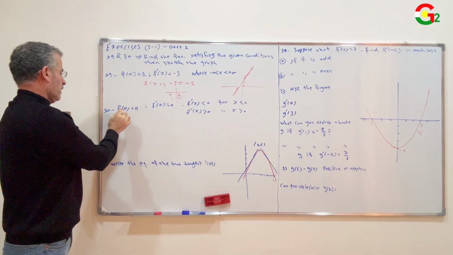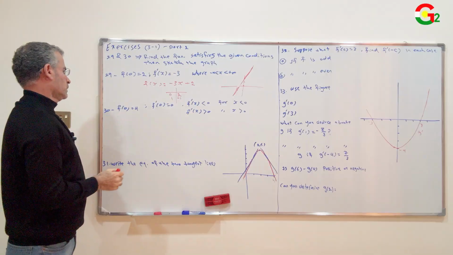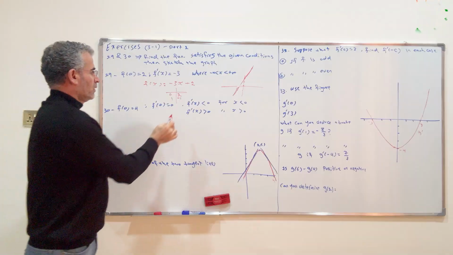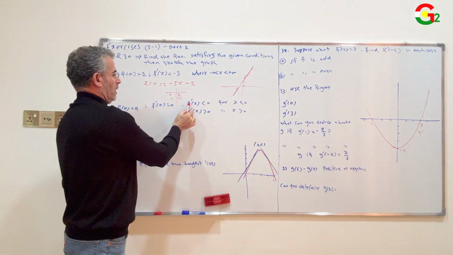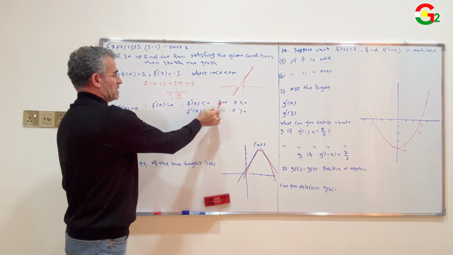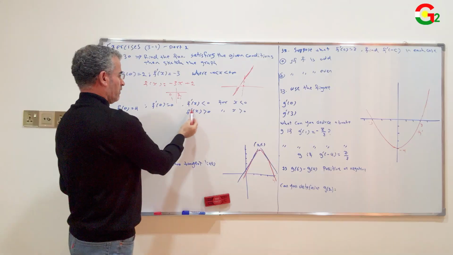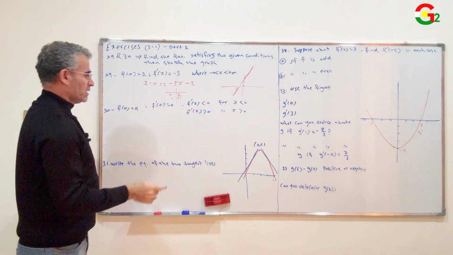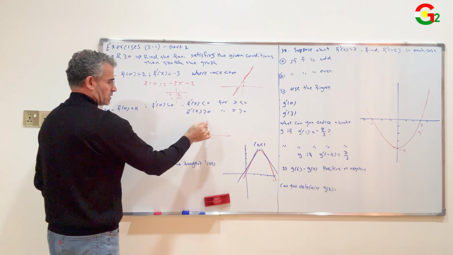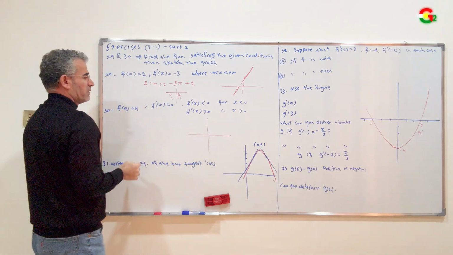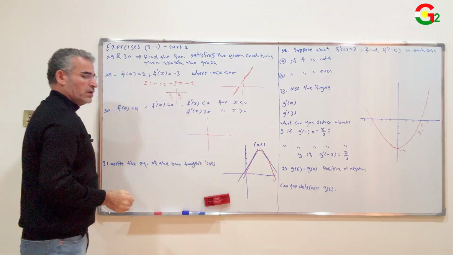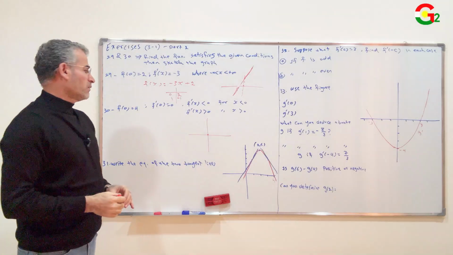Question number 30, f of 0 equals 4 and f prime of 0 equals 0, and f prime of x is less than 0 for x less than 0, and f prime of x is greater than 0 when x is greater than 0. If we want to sketch the graph of the derivative of this function, f prime of 0 is 0, which means (0, 0) belongs to the graph of the derivative.